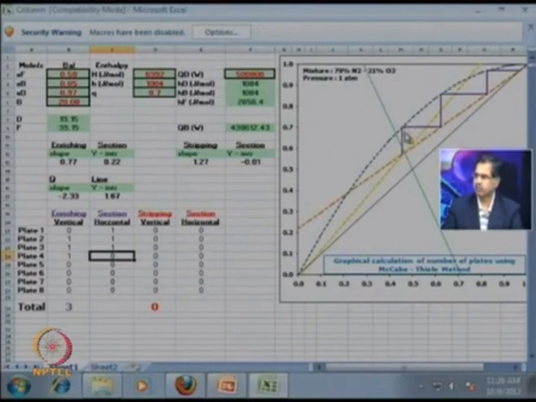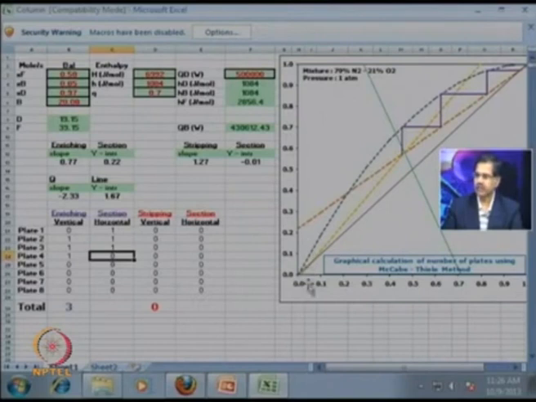This point sometimes could be 0.5 plate or something, because this point can come on this side. In that case, we will say 2.5 plates, but then we take the entire integer. So, we can take the next rounded off and say 3 plates. In this case, I can see that there could be around 3 plates in the enriching section. Followed? This is just a staircasing technique I am talking about. The theory behind this we have already discussed.